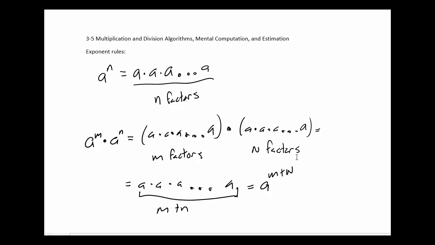Okay, let me remind us of a couple other exponent rules. If I take a base with an exponent and raise it to an exponent, then I can multiply the exponents together. If I have different bases but they're being raised to the same exponent, I can do the product of the bases and then raise it to that power.